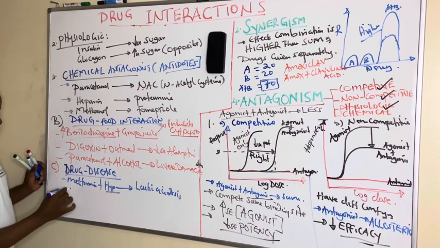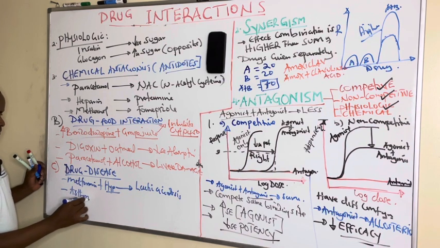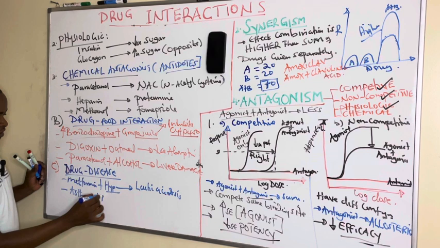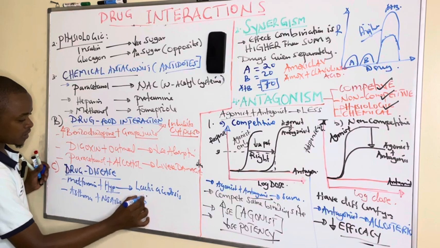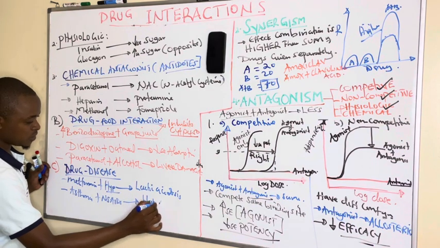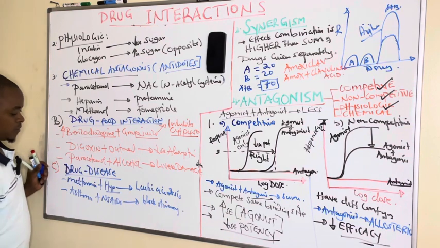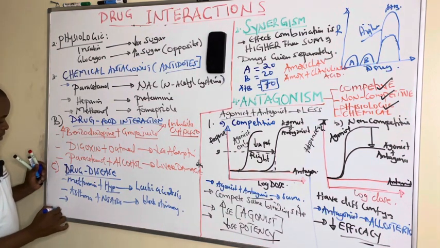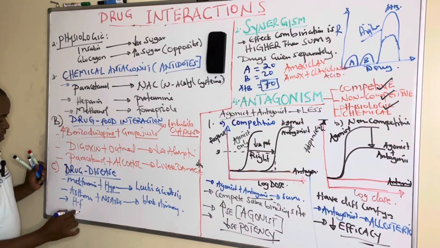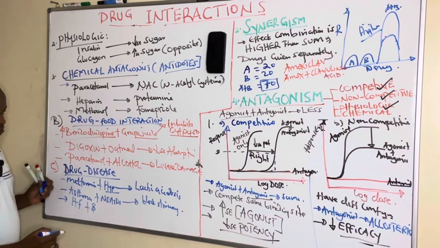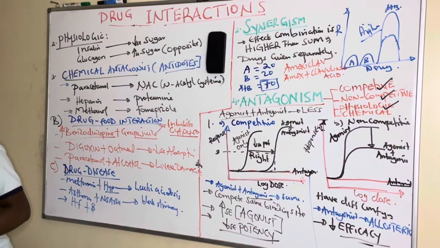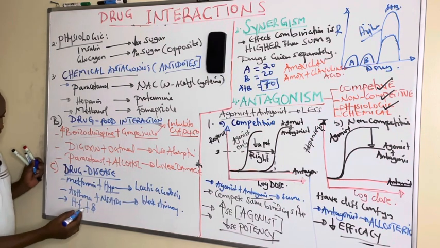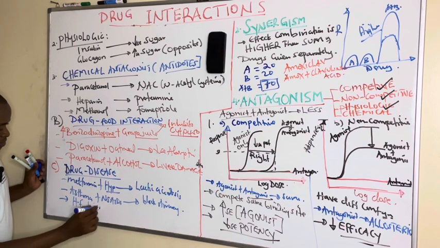Or you find someone has asthma, and you give this asthmatic patient drugs like NSAIDs. These NSAIDs cause bronchoconstriction, hence worsening the condition. Or someone has heart failure, and you give them drugs like beta blockers, or maybe someone has hypertension and you combine it with nicotine.